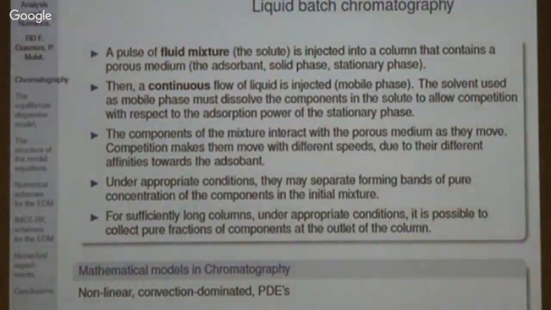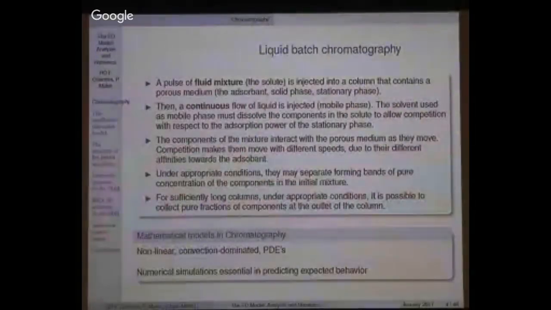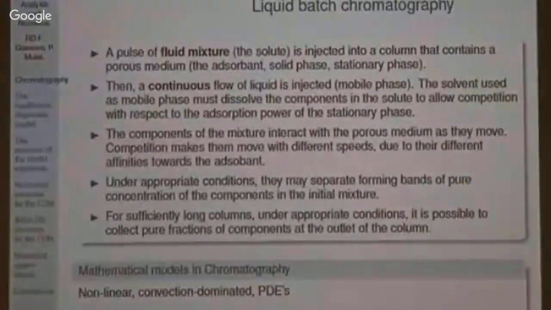Then the components of the mixture interact with these porous media as they move, and then the competition between their different affinities is what causes the separation, okay? So for sufficiently long columns and under appropriate conditions, it is possible to collect pure fractions at the outlet of the column, okay? So from a mathematical point of view, what models do they have?